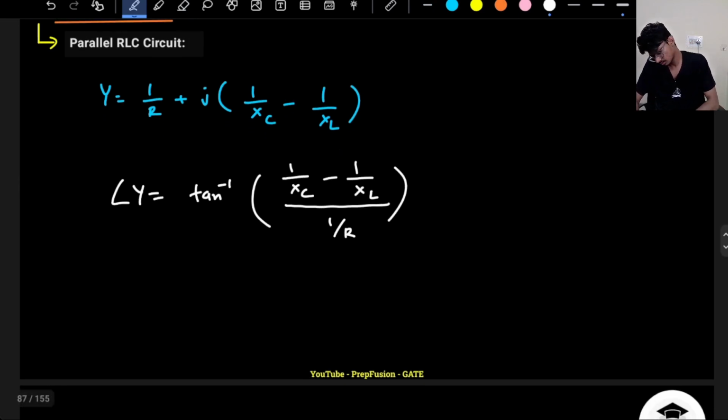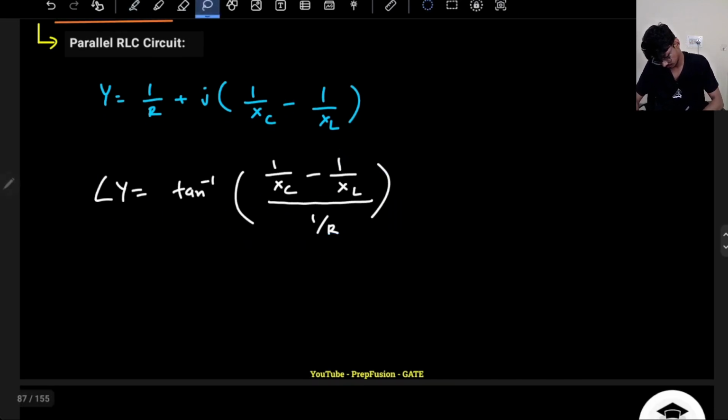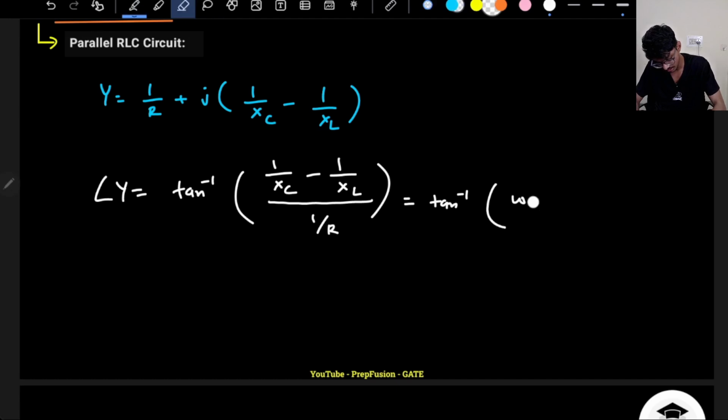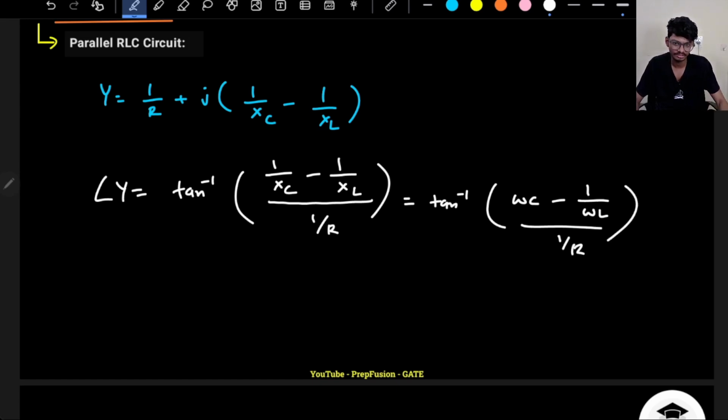Got it? I have already discussed the magnitude, and this is the admittance angle. If you want to simplify, you can replace XC with omega C. So this will be (omega C minus 1 by omega L) divided by 1 by R basically. From there you can find the different values of admittance.